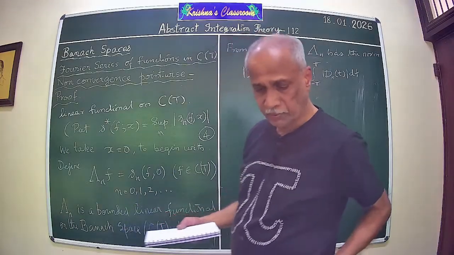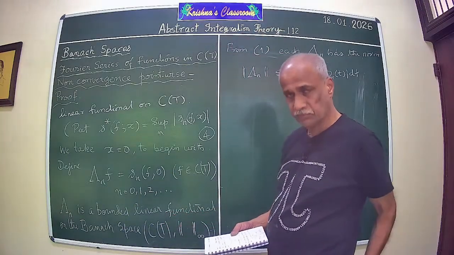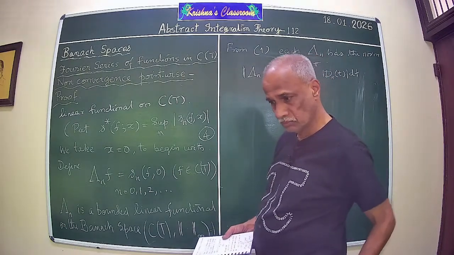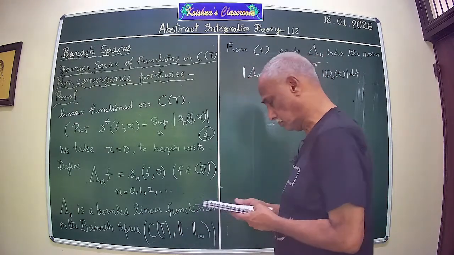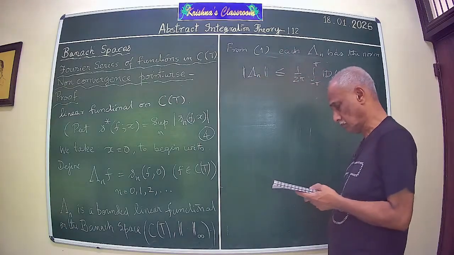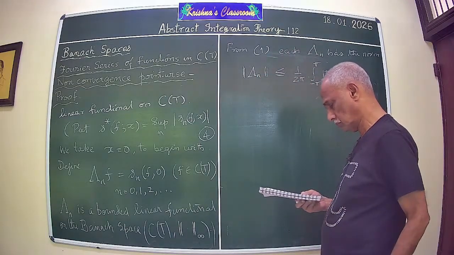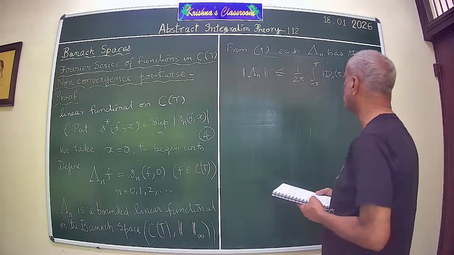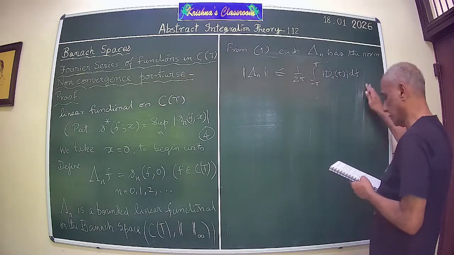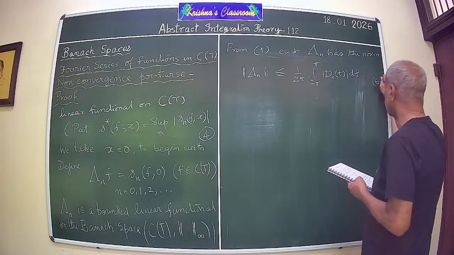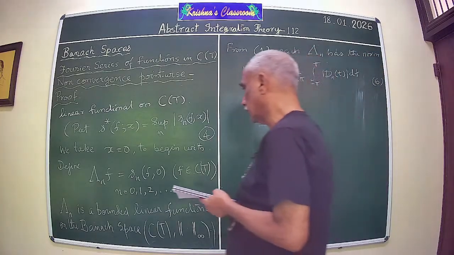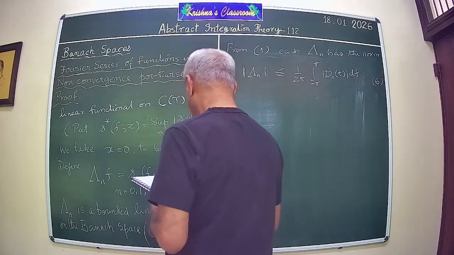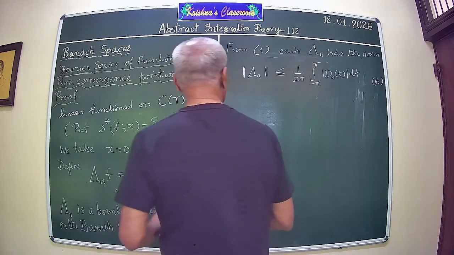So that is no problem. So it is well defined. Now this we designate by 6, and this is of course 5, and therefore this is 6.